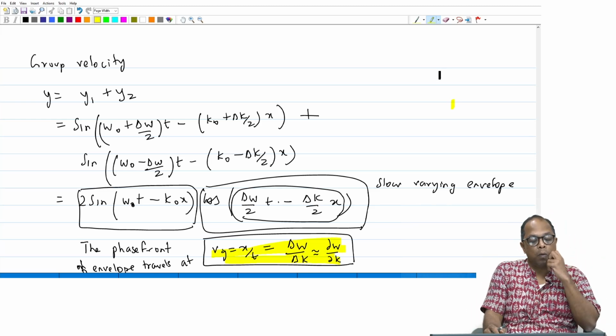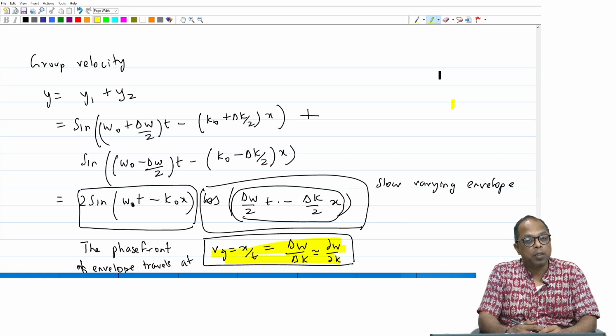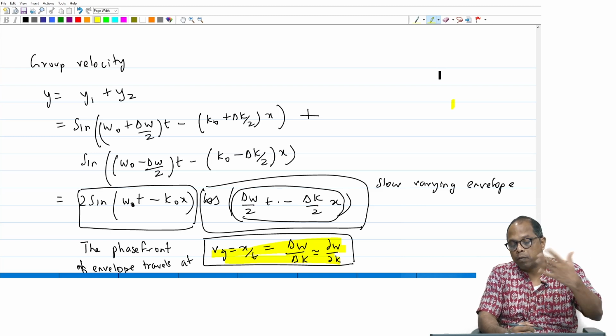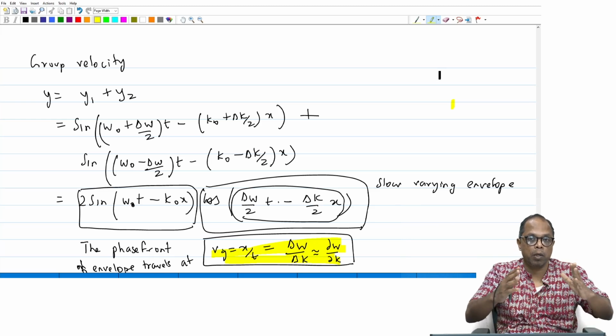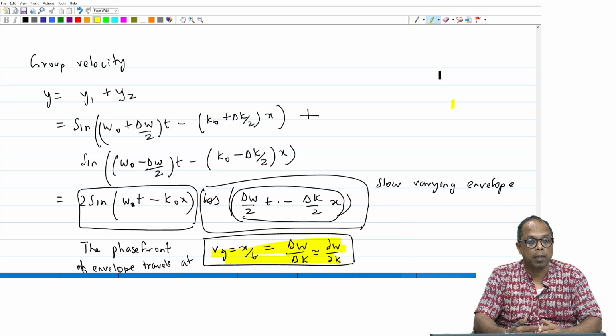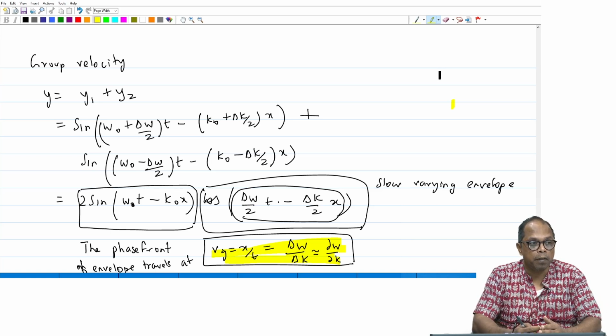Now this concept is very important wherever you have dispersion of waves, where the wave number varies as a function of frequency. So you could have different frequencies traveling at different group velocities, and then you have something called chromatic dispersion, because different frequencies have different speeds.